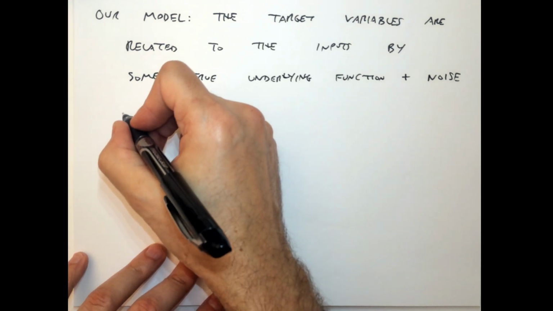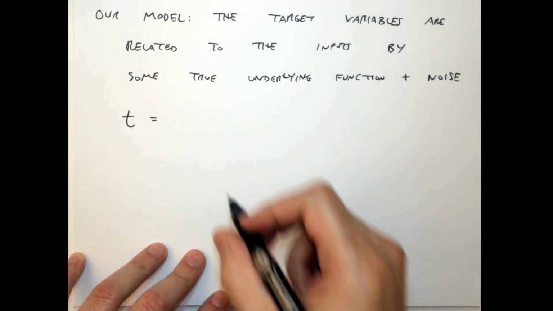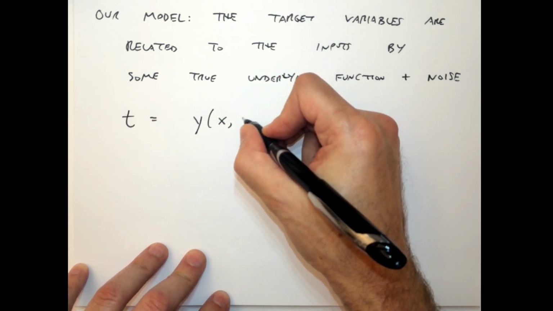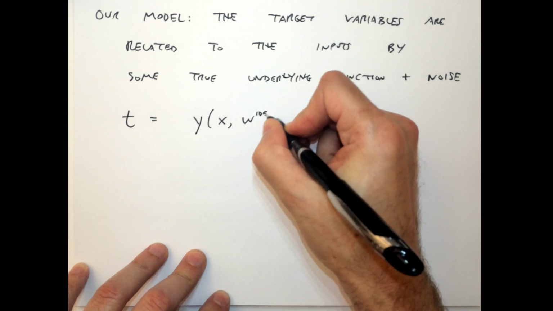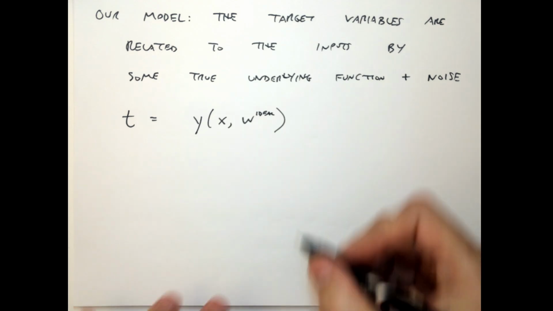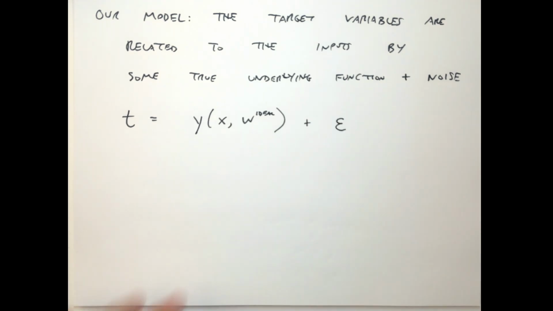That's like saying that the t that I want is some true function that I could truly model, plus some epsilon, and that epsilon is the part that I can't actually know.